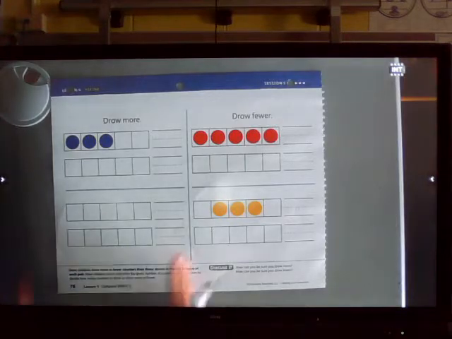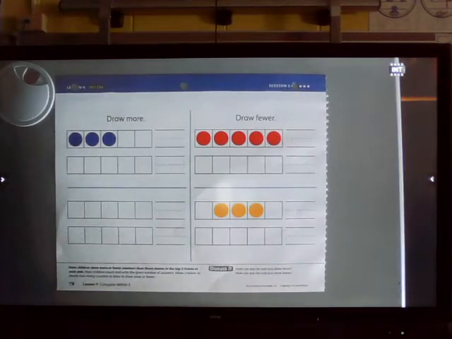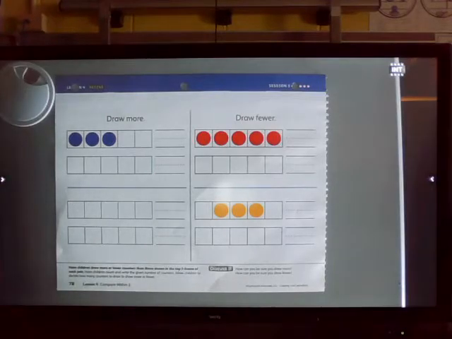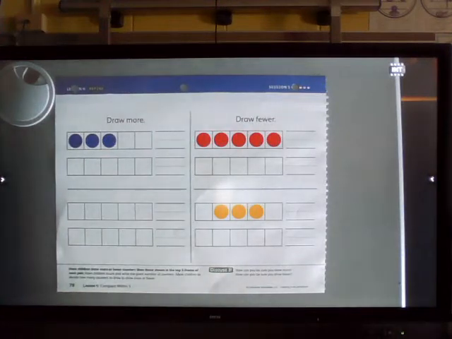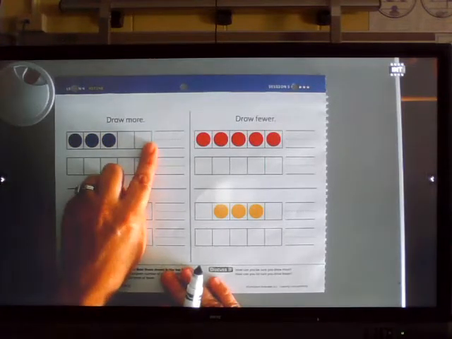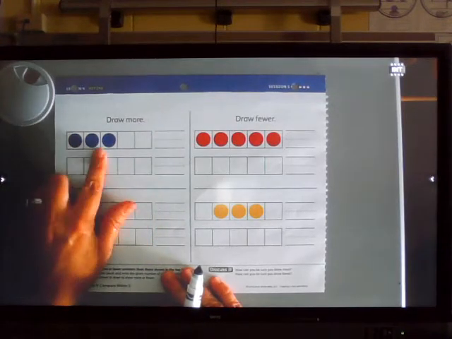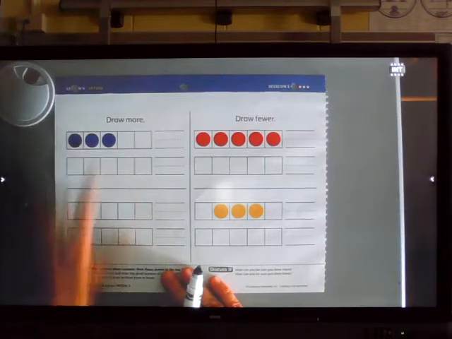All right, the first one that I want to talk about is more, because that's the easier one to understand. So on this side of the page, we are supposed to count what is in the 5 frame and then draw more. So in this first 5 frame, there are how many dots? 1, 2, 3, right?